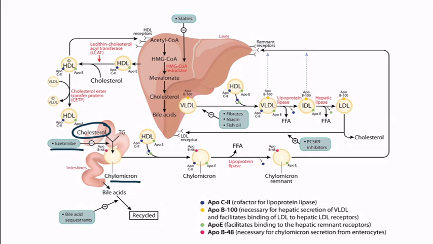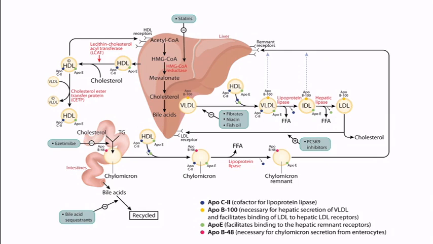Chylomicrons, as well as other molecules you can see on this image, such as VLDL, IDL, LDL, and HDL, are known as lipoproteins. Lipoproteins are lipid-protein complexes and help carry fat throughout the blood because fat is not otherwise soluble.